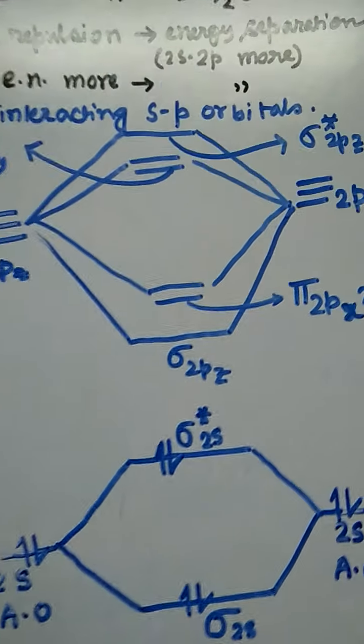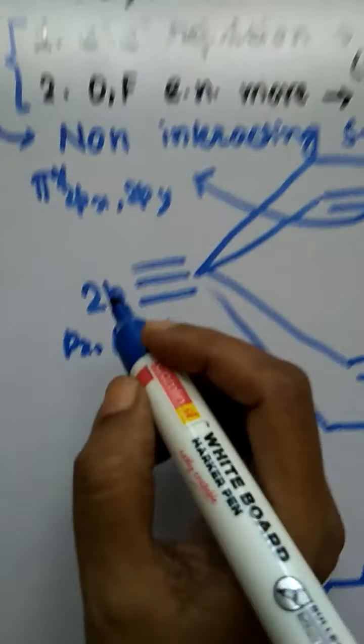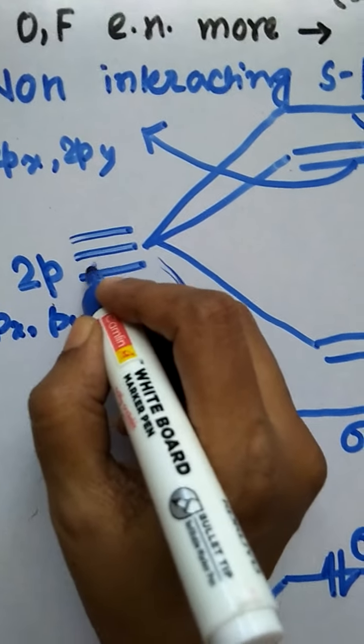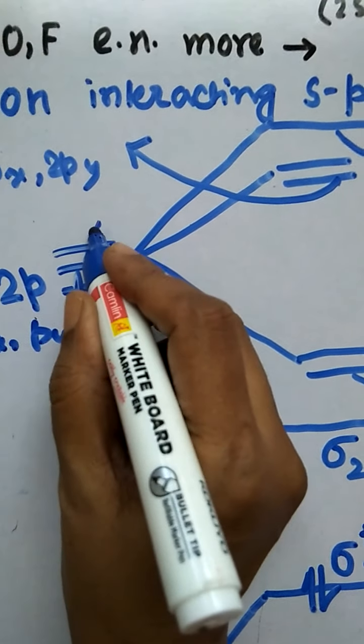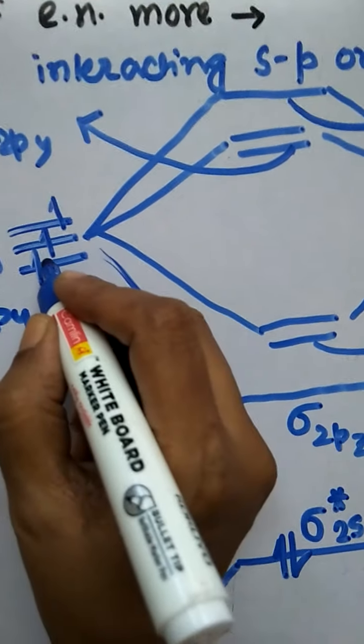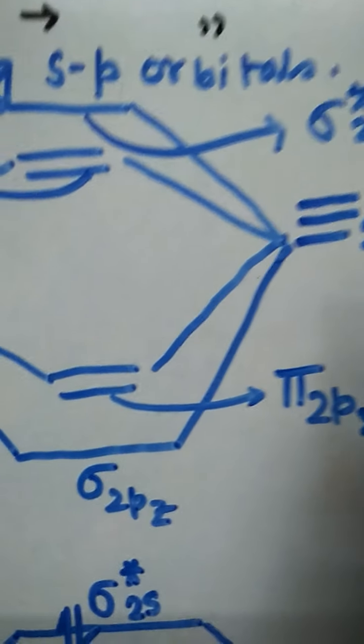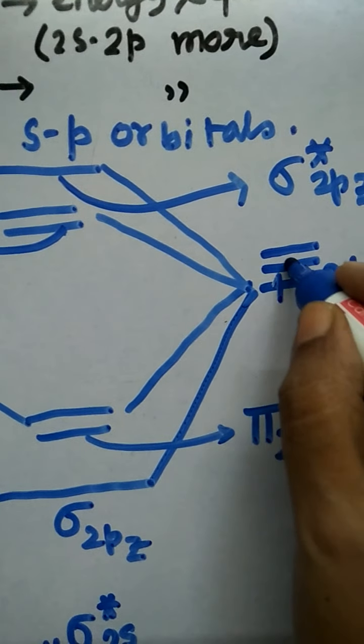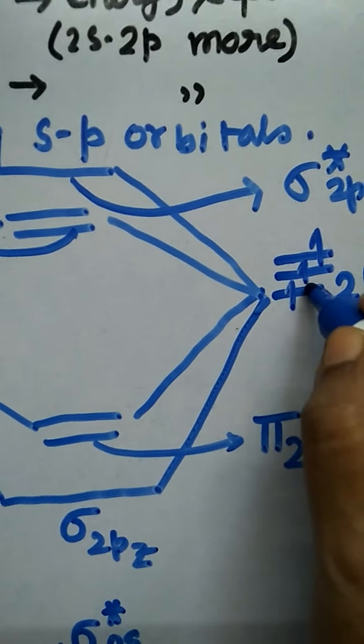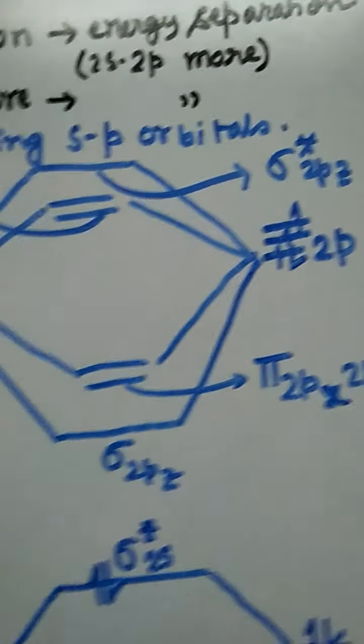Now p is p4, so you have to draw it 1, 2, 3 and then p4. This side also you write 1, 2, 3 then p4.